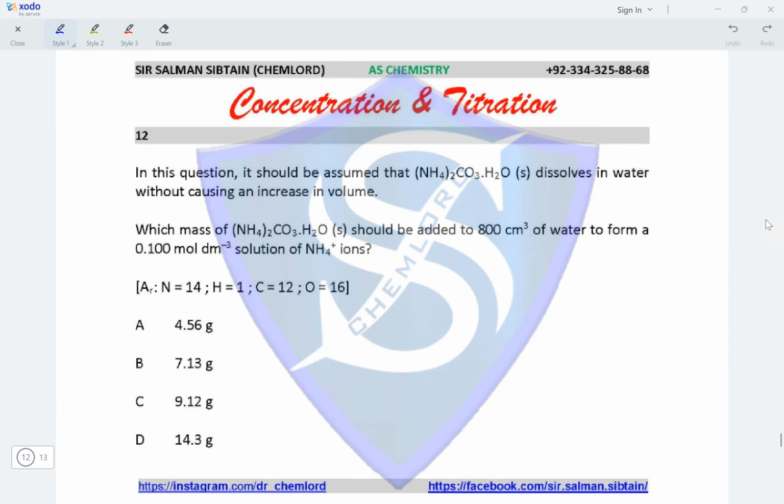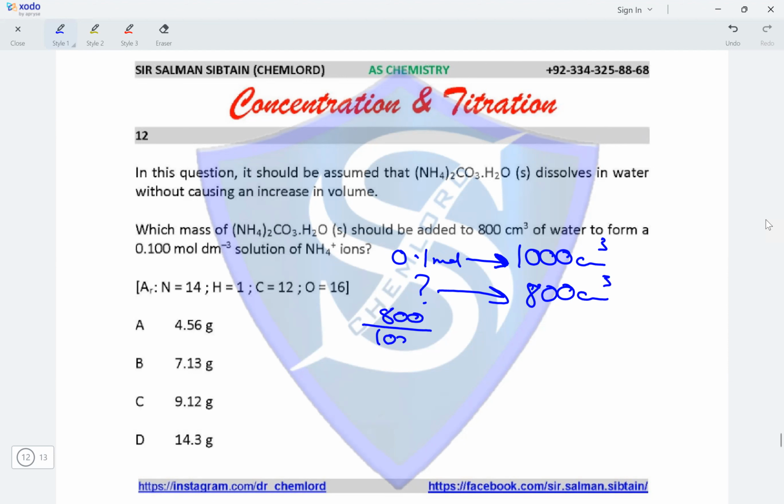So first we calculate the moles of ammonium ions present. So that would be 0.1 mole in 1000 cm³. How many moles would be present in 800 cm³? So this would be 800 upon 1000 into 0.1, which gives us a mole value of 0.08 moles.